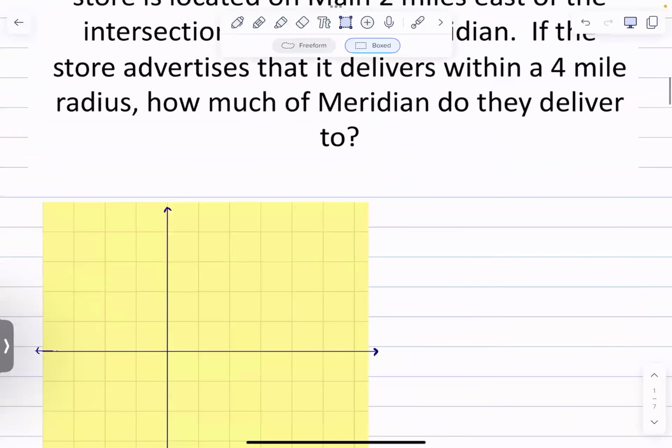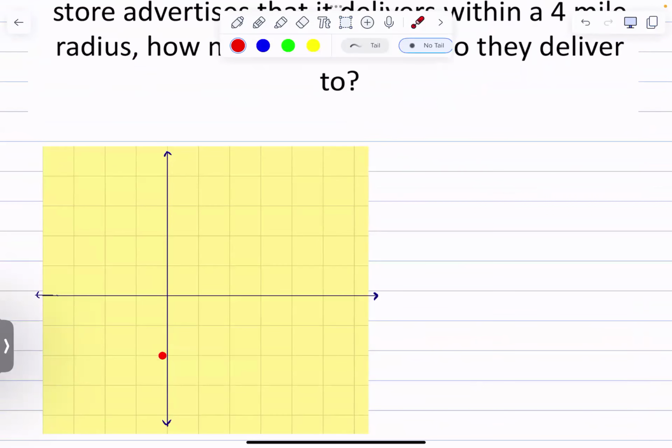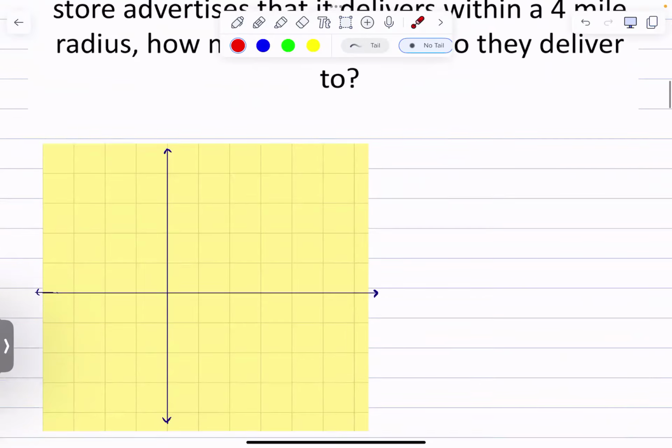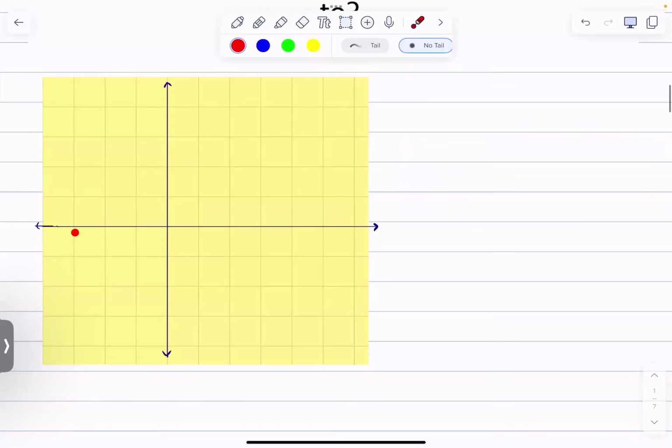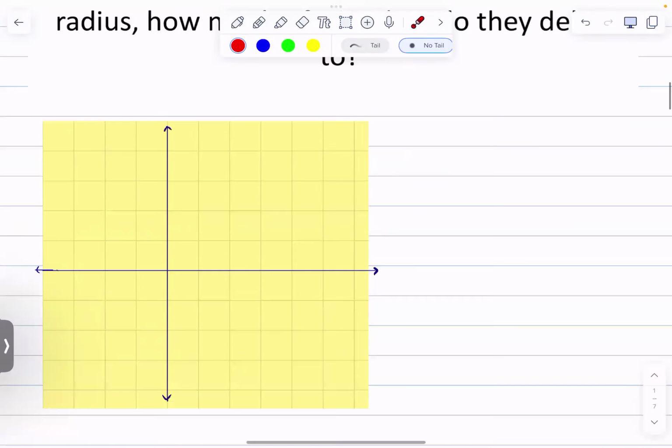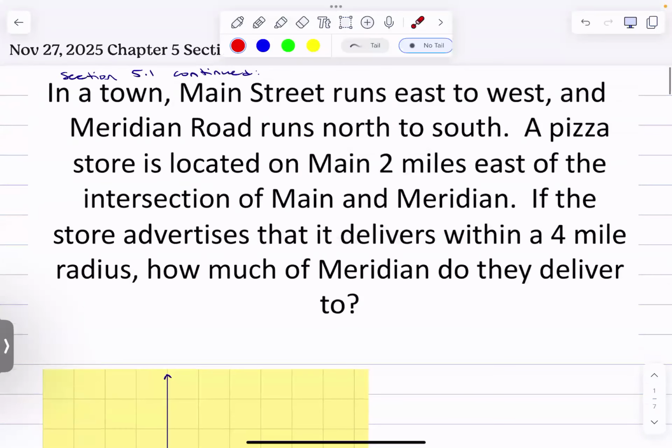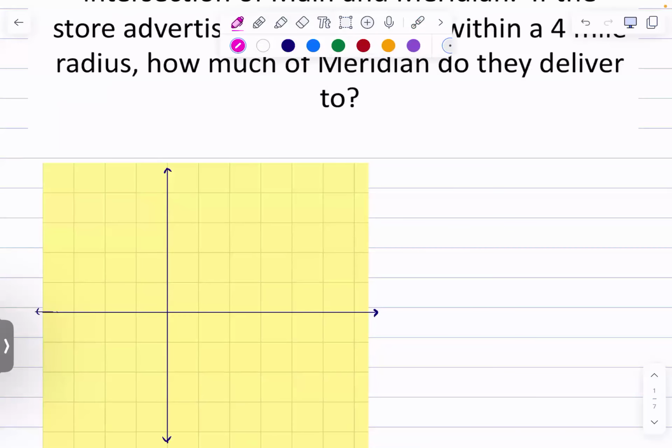I did go ahead and already put my axes, and so it's going to be a little bit shifted because I did a weird grid. It's going to be 1, 2, 3, 4 in for the y-axis, and 1, 2, 3, 4, 5 up for the x-axis. In a town, Main Street runs east to west, which means we need our coordinates here.